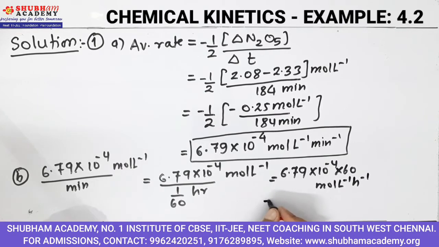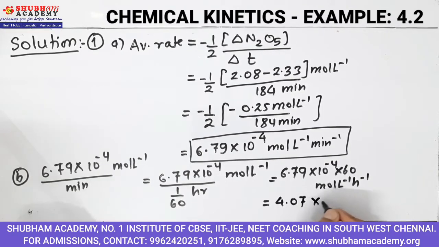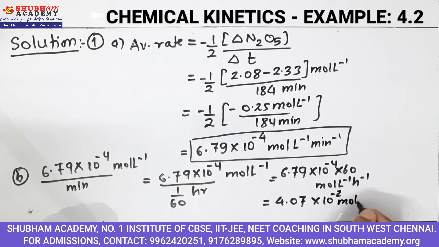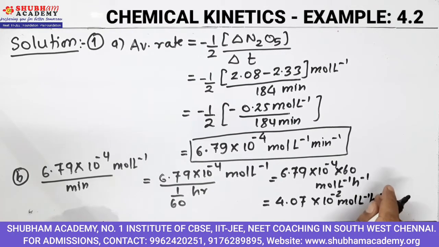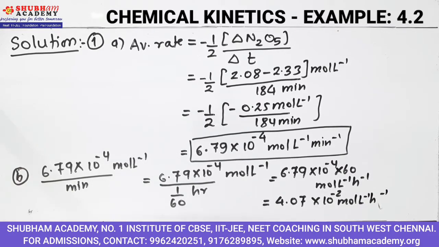So, your final answer will be 4.07 into 10 power minus 2 and unit is mole liter inverse hour inverse. Okay. So, this is in terms of mole liter inverse hour inverse, right.